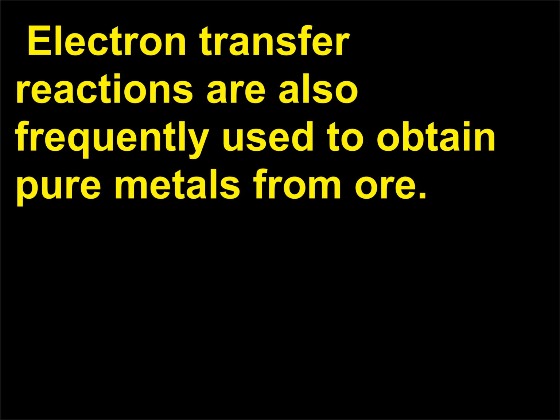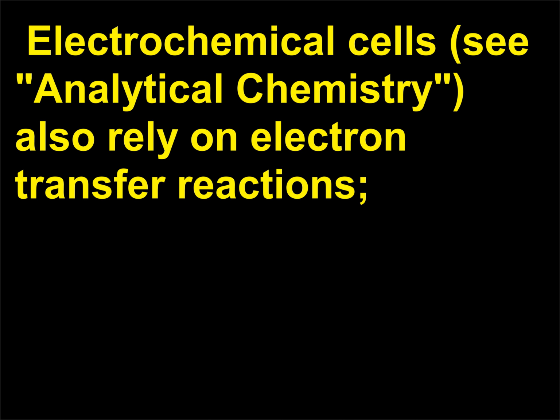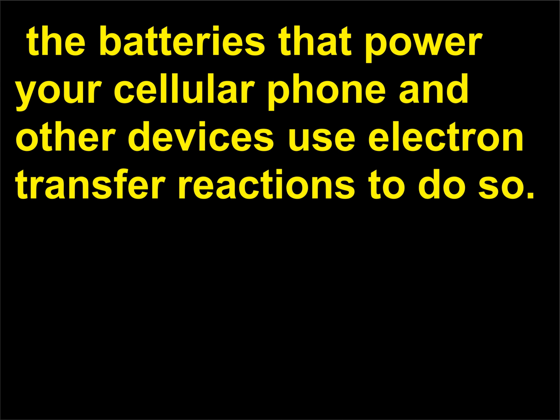Electron transfer reactions are also frequently used to obtain pure metals from ore. Electrochemical cells, see analytical chemistry, also rely on electron transfer reactions. The batteries that power your cellular phone and other devices use electron transfer reactions to do so.